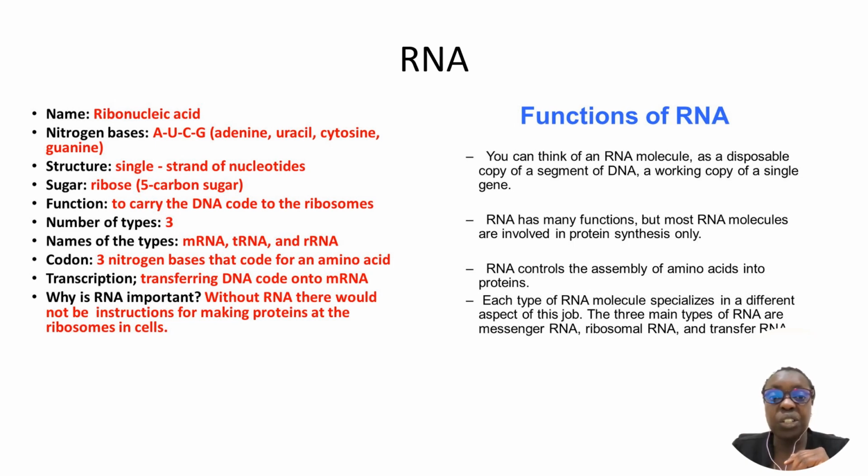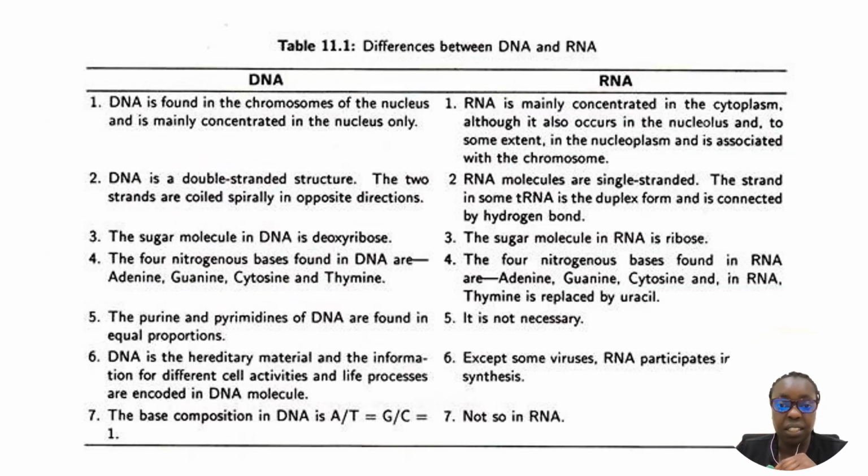So what are the functions of RNA? RNA has many functions, but as I mentioned, RNAs are mostly involved in protein synthesis, where they're able to control the assembly of amino acids into the protein. And each type of RNA is specialized in a different aspect of protein synthesis.